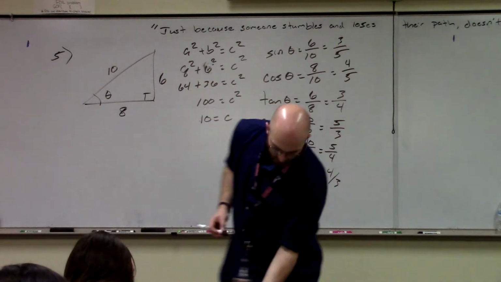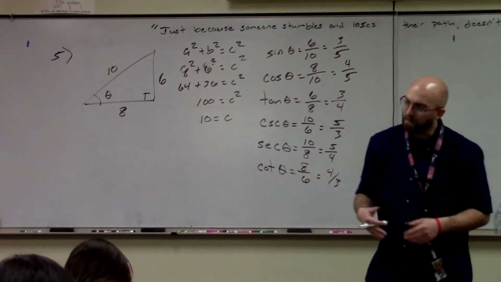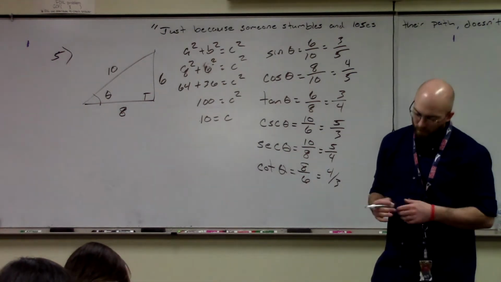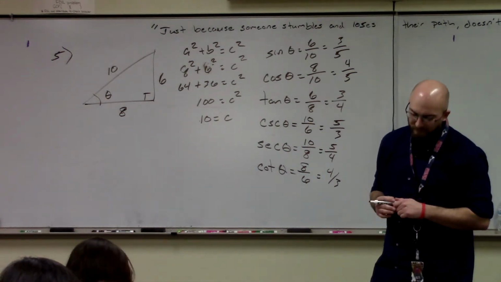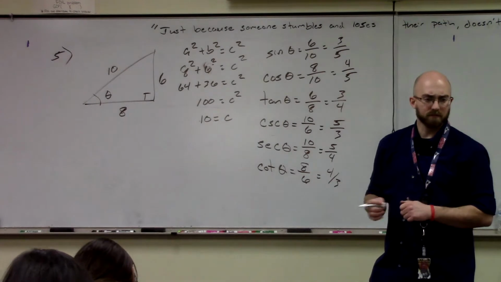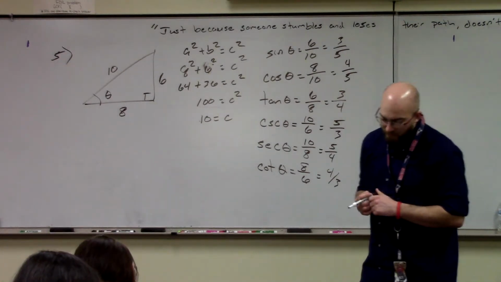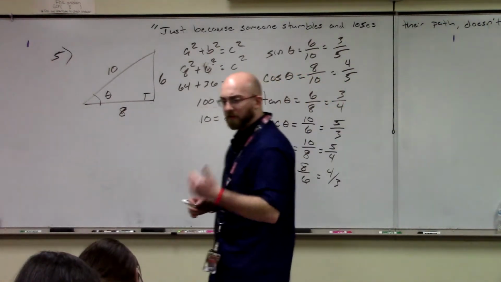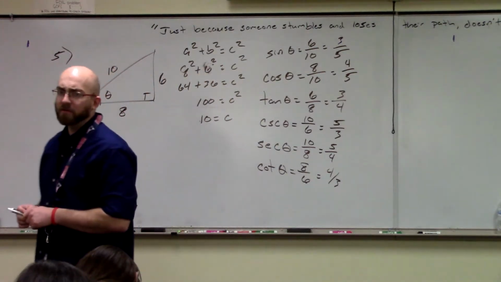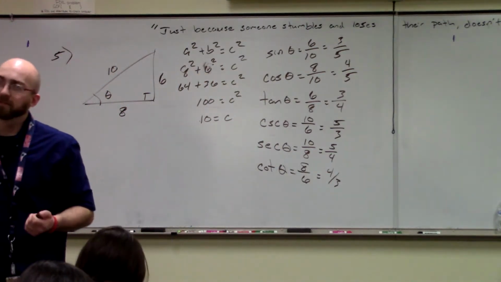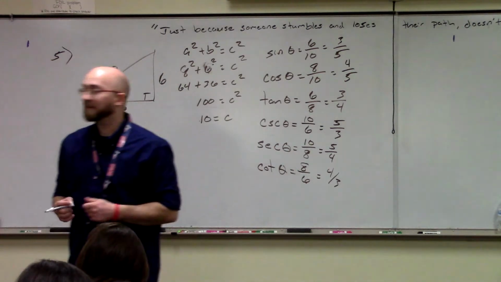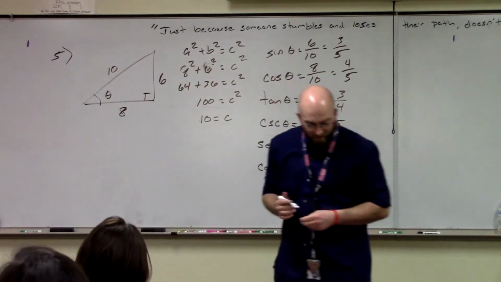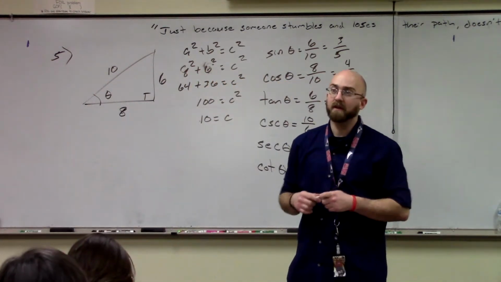I'm not going to do 10 through 12 because those are the same idea. I'm also not going to do 14 because that one you just draw a line. I'm going to skip 22 through 30 because if you look at 22 through 30, all you have to do is fill in the table with those values.